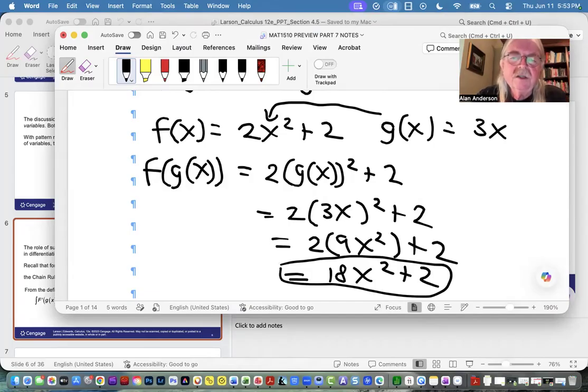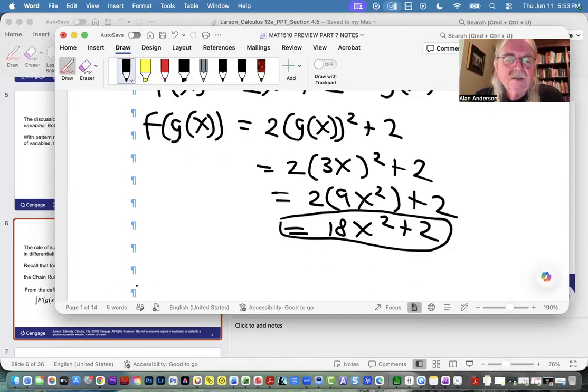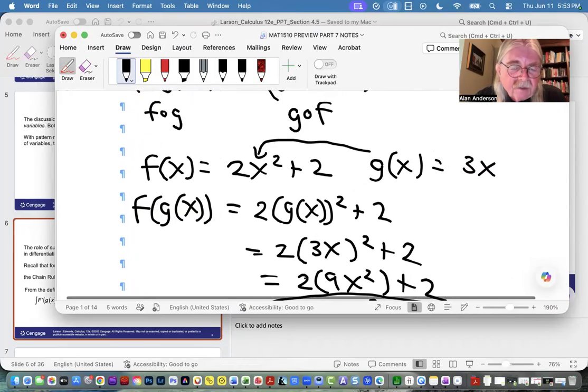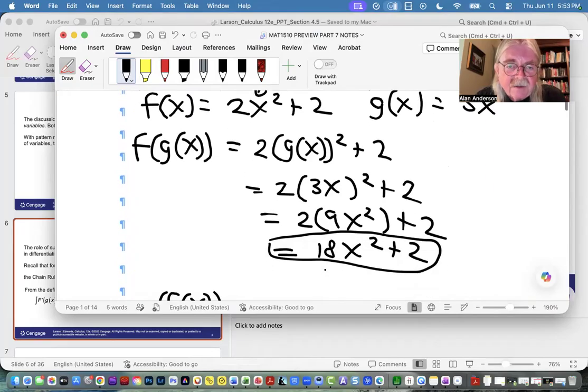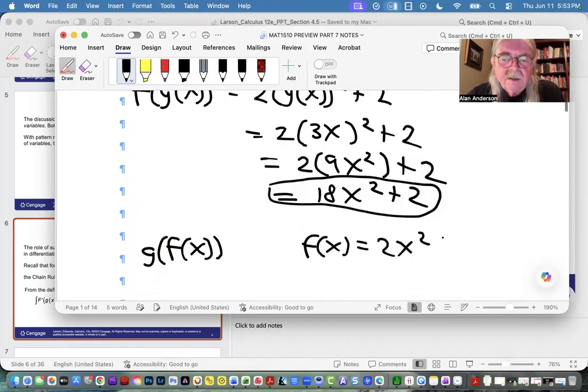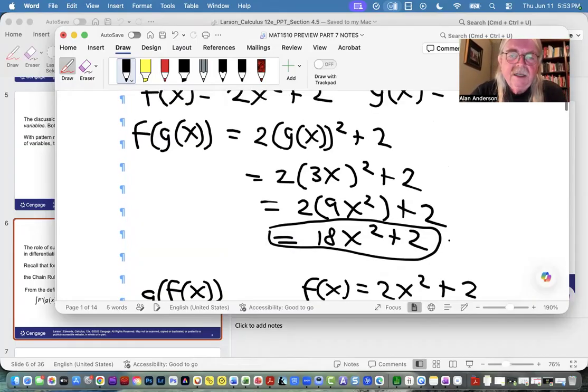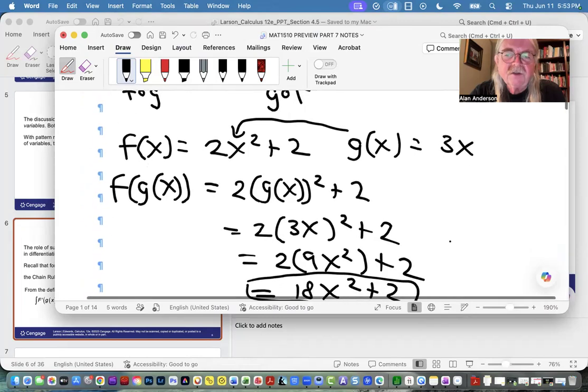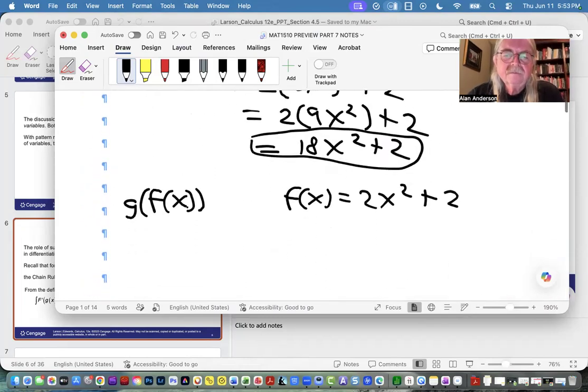And then if we wanted to know g of f of x, actually, let me quickly copy these down so we can see it better. f of x is 2x squared plus 2, and g of x is 3x. Here's what's going to happen.